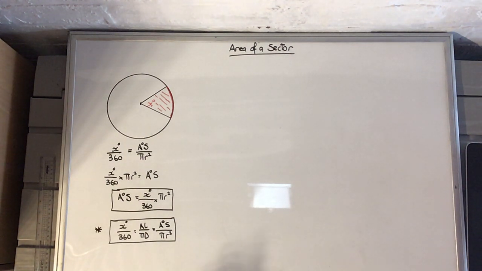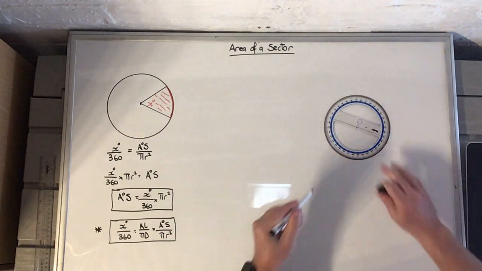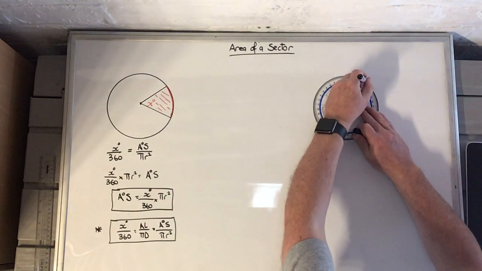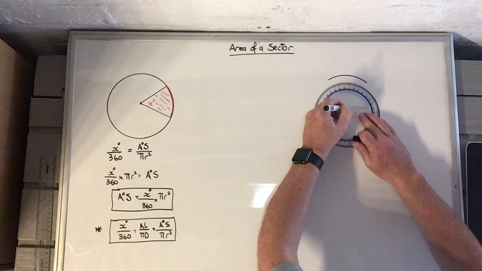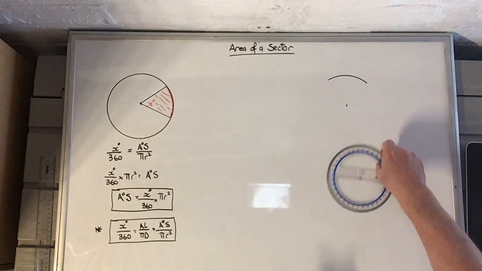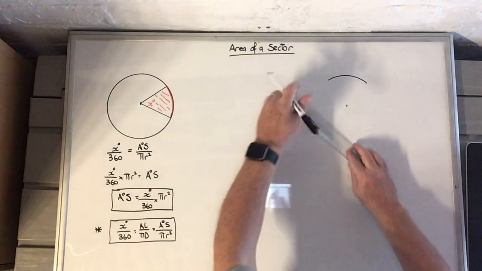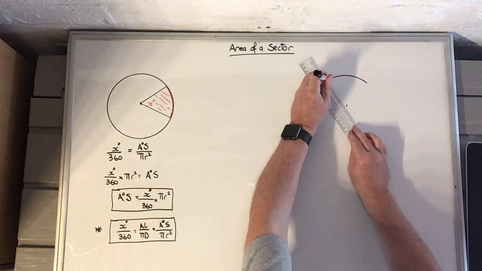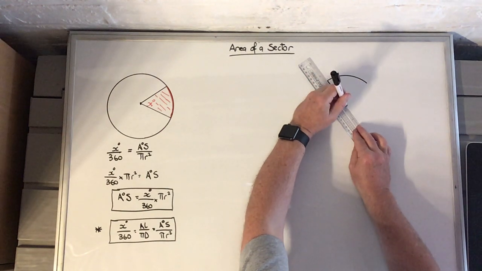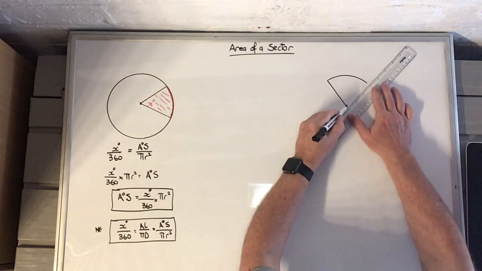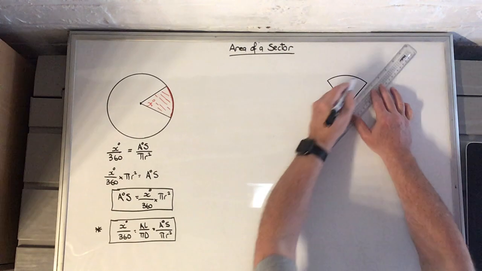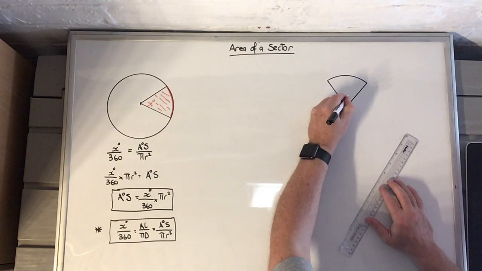So let's draw our arc. Make it at the top this time. The centre's round about here. Join them together. And just work up some values. I'll just put x degrees for the angle.